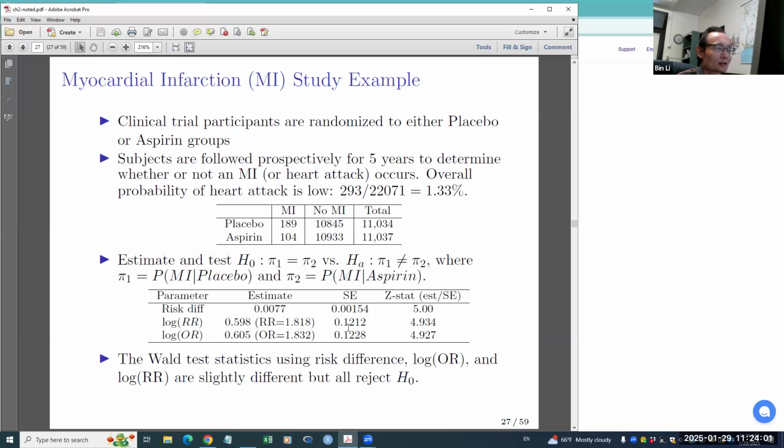Then the subjects are followed prospectively for 5 years to determine whether or not an MI, that's a heart attack, occurred. So the overall probability of a heart attack is very low. This is a rare event, only 1.33%. So here, this is the data.